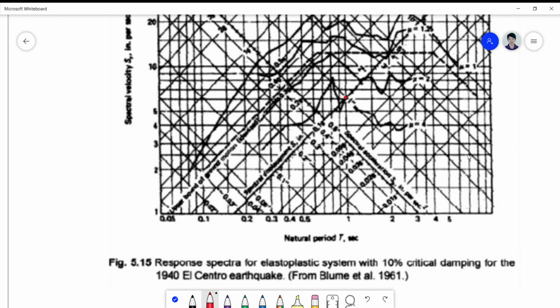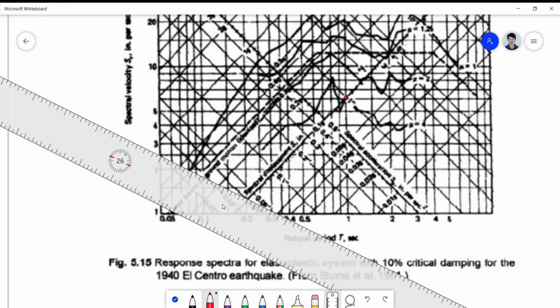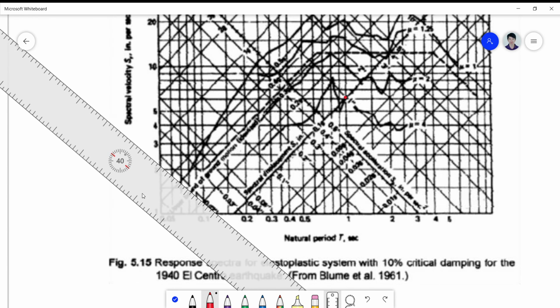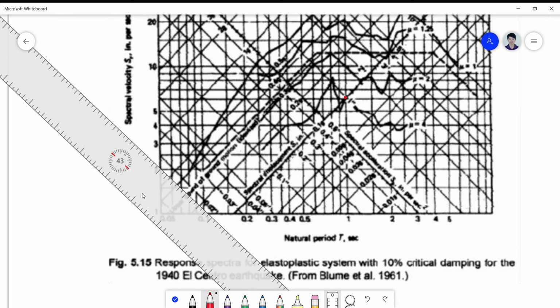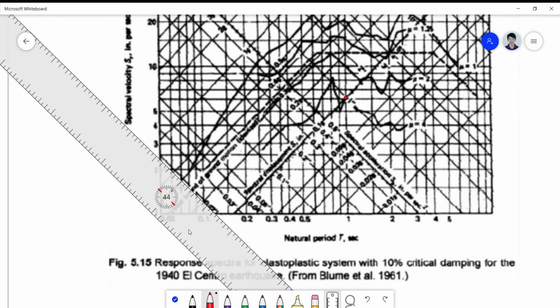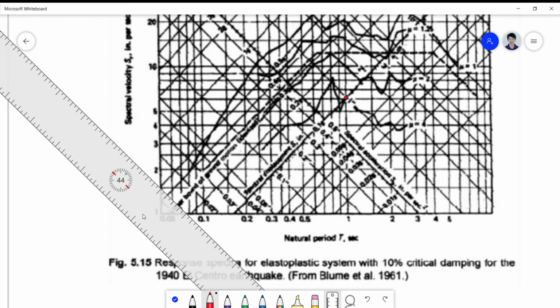Let me check my battery first. Okay, so for the spectral displacement, we can plot the displacement which is exactly here on this graph.